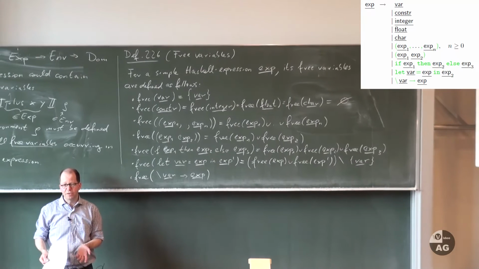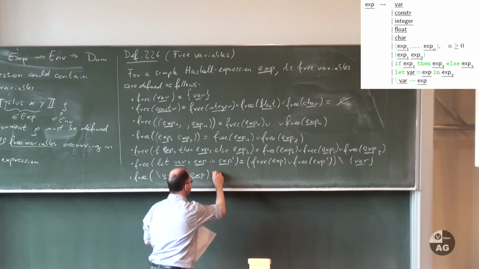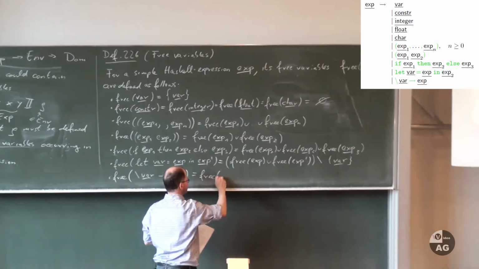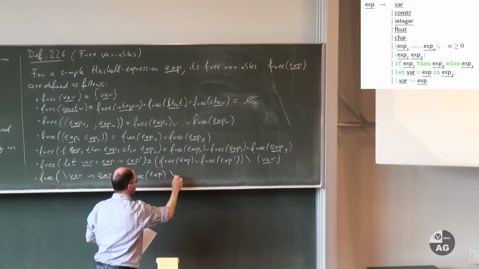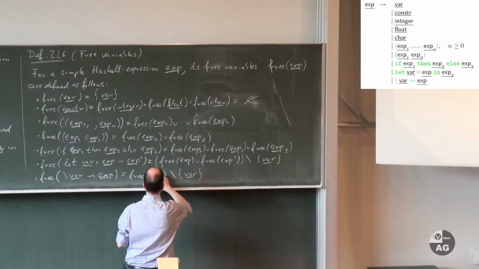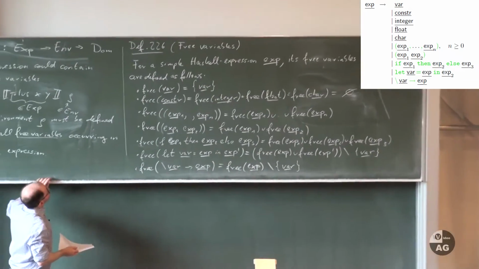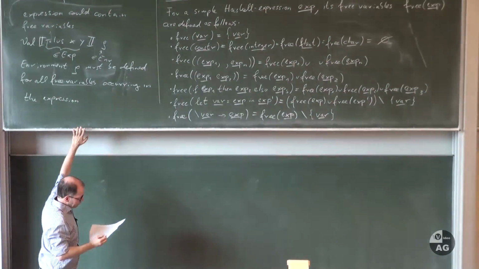In both cases, it's the function that increases its argument by 2. So the free variables of this are the free variables from exp, but not var. So this is the definition of free variables.